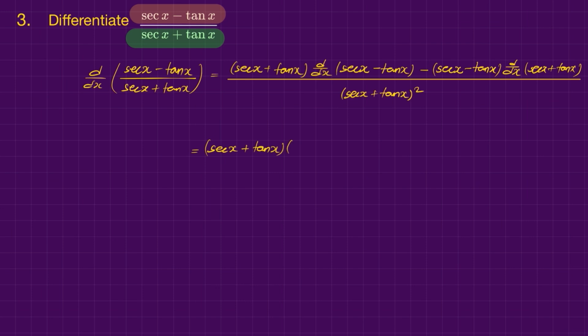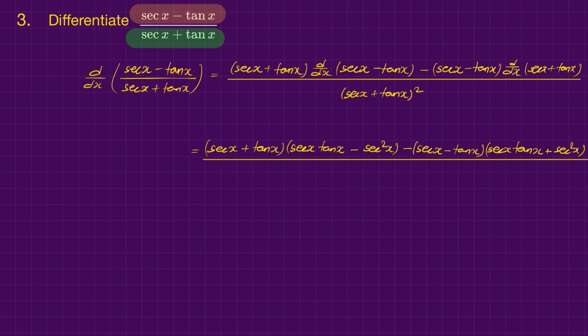Now d/dx of sec x is sec x tan x, minus d/dx of tan x is sec square x, minus sec x minus tan x. d/dx of sec x is sec x tan x, plus d/dx of tan x is sec square x, whole divided by sec x plus tan x whole square, equals to, now here let me take sec x and sec x as common, then it will be sec x times sec x plus tan x times tan x minus sec x.